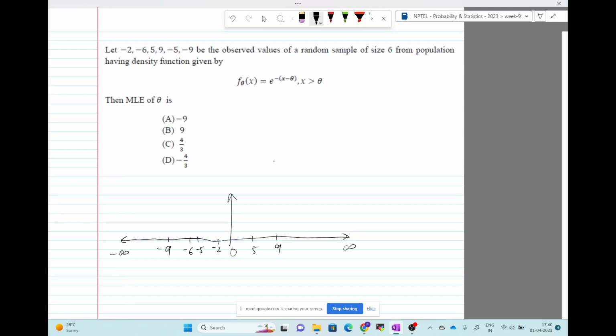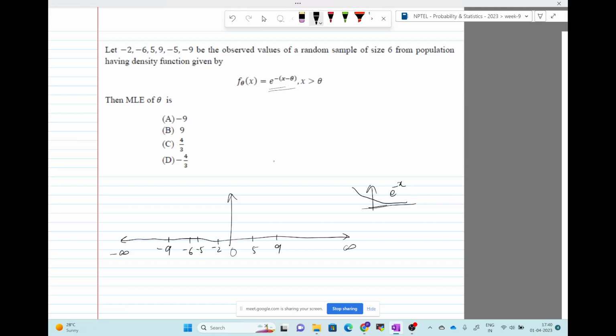So this e power minus x function, depending on what theta you choose, is something like this, right? E power minus x.